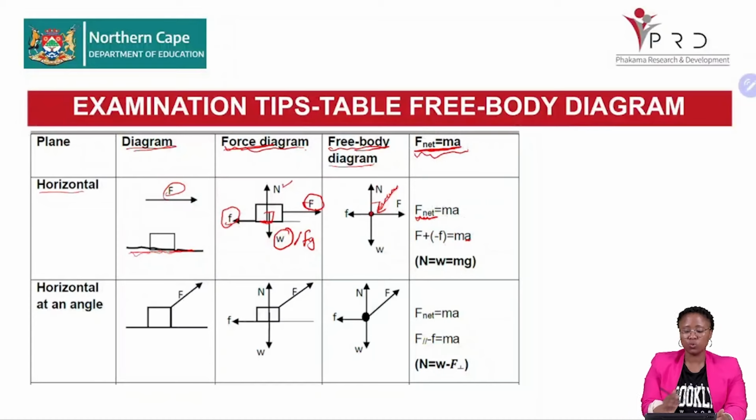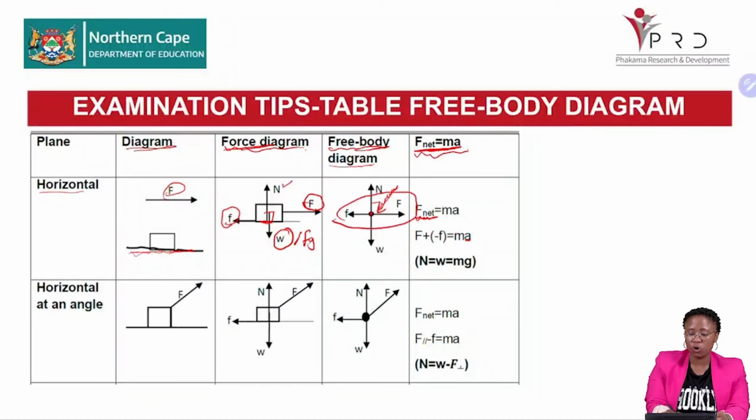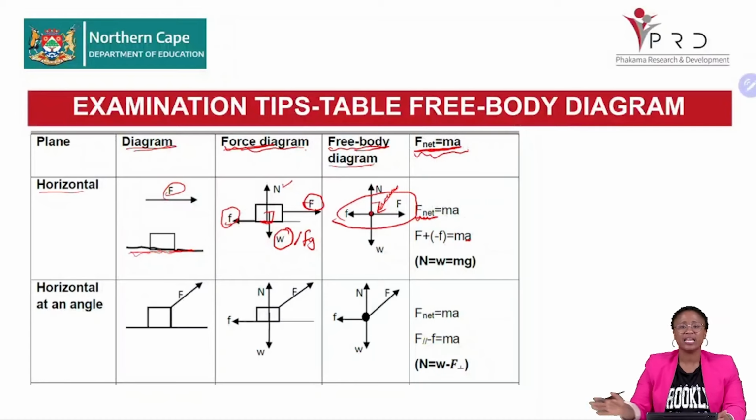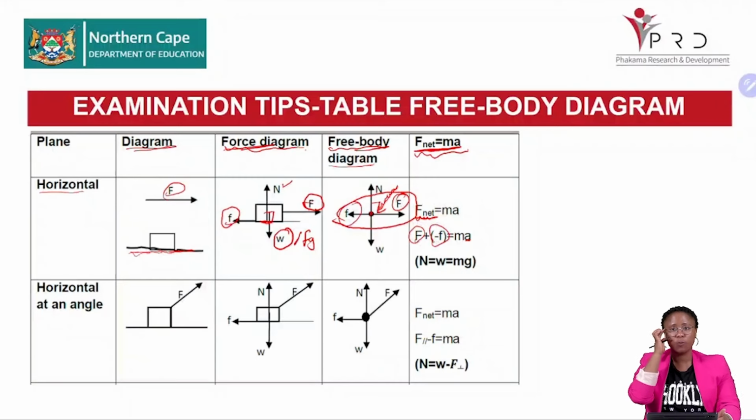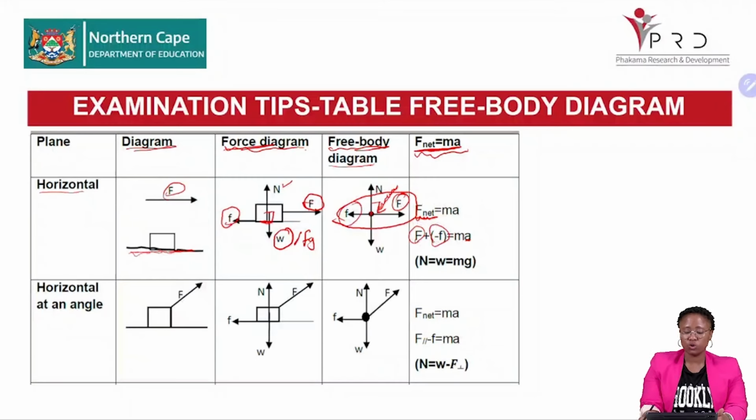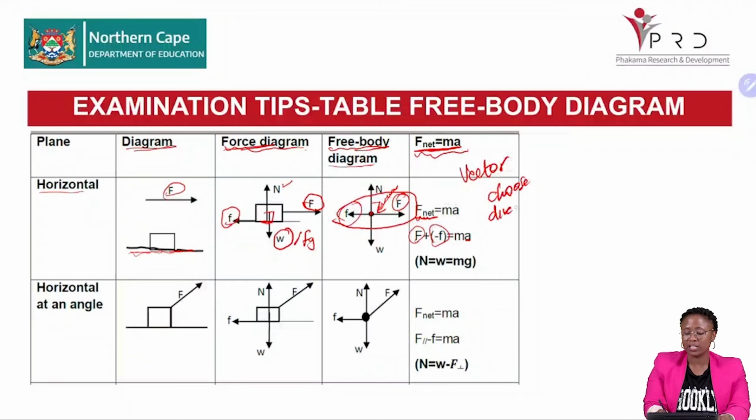That means that those are all the forces that are acting on the object, causing the object to accelerate to the right hand side, right? I hope you know that. That's why over here we have the applied force, which is that force. We have the friction force, which goes in the opposite direction. Another thing that I want you to remember is that when we are dealing with Newton's laws, we are dealing with vectors, so it's very important that you always choose a direction all the time.